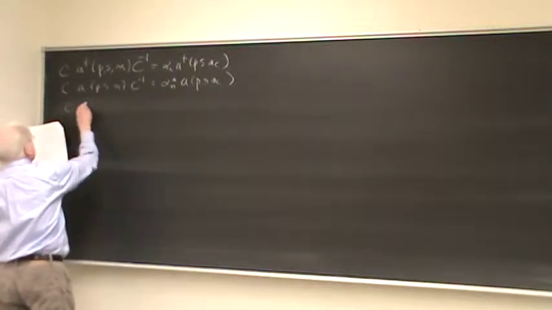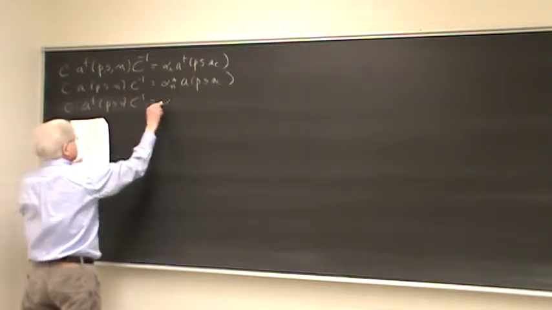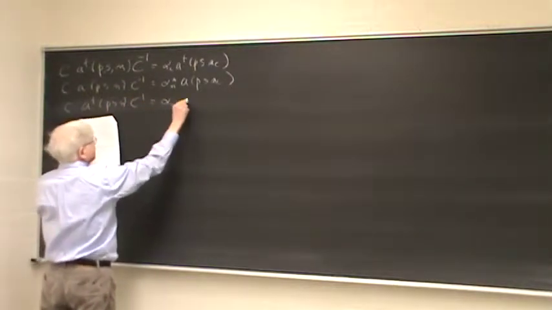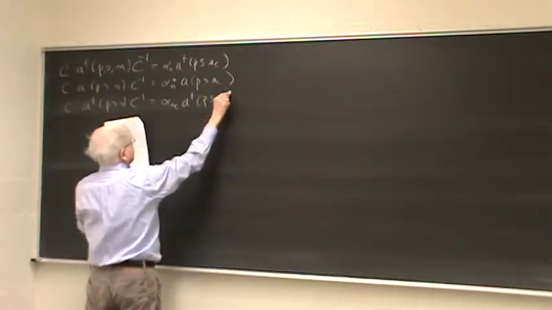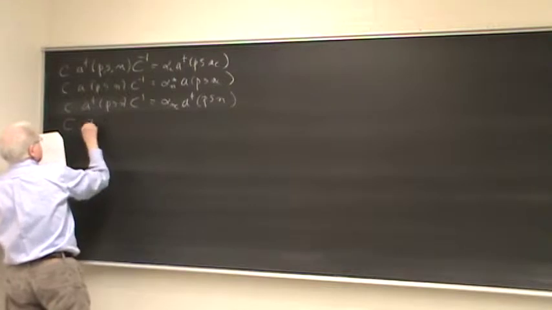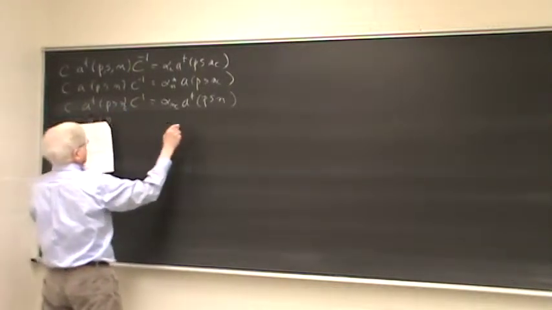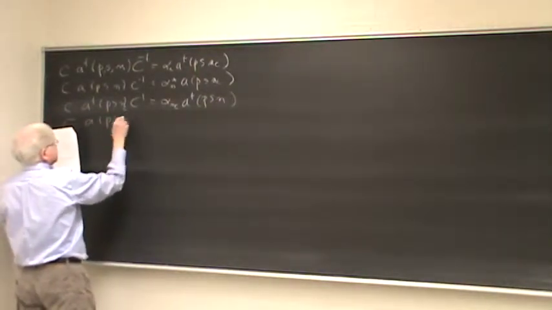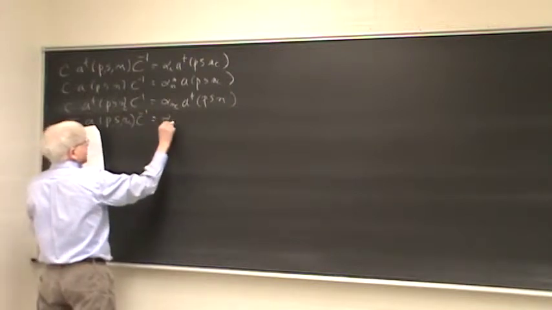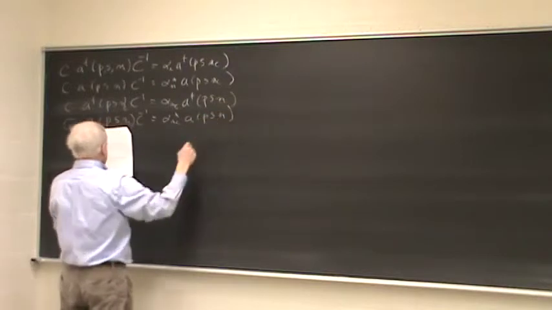And for the antiparticles, on the other hand, what you have is C A dagger P S n C inverse is alpha n^c A dagger of P S n^c, and C A of P S n^c C inverse is alpha n^c star A of P S n.